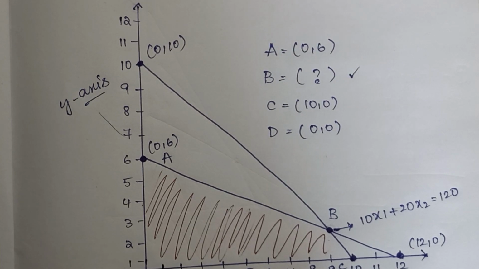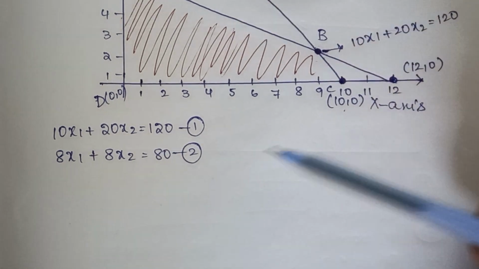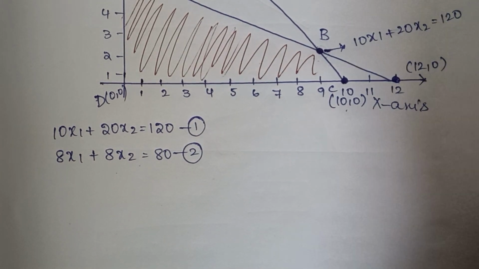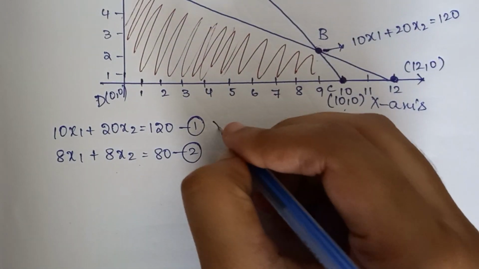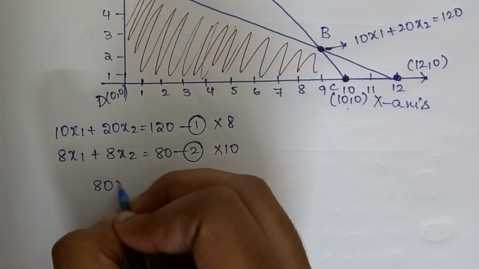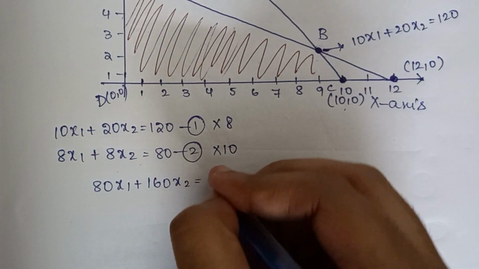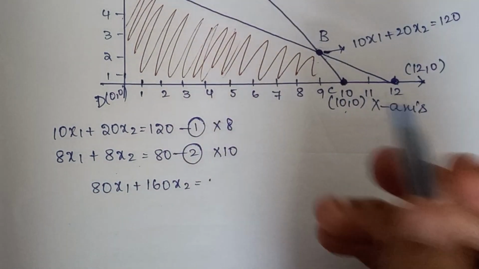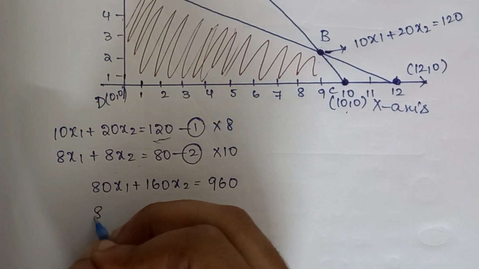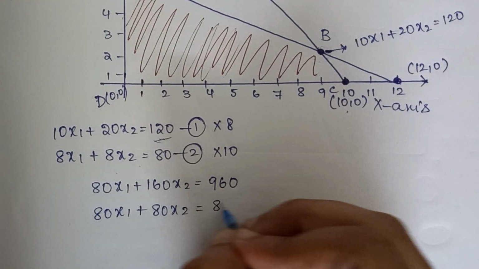Let's see how to solve the equations. So first equation 10x1 plus 20x2 is equal to 120 and second equation 8x1 plus 8x2 is equal to 80. So how to solve this? I will multiply this with 8 and this with 10. So what will I get? 10 8s are 80x1 plus 160x2, and then multiplying 8 with 120 we will be getting 960, and here 80x1 plus 80x2 is equal to 800.